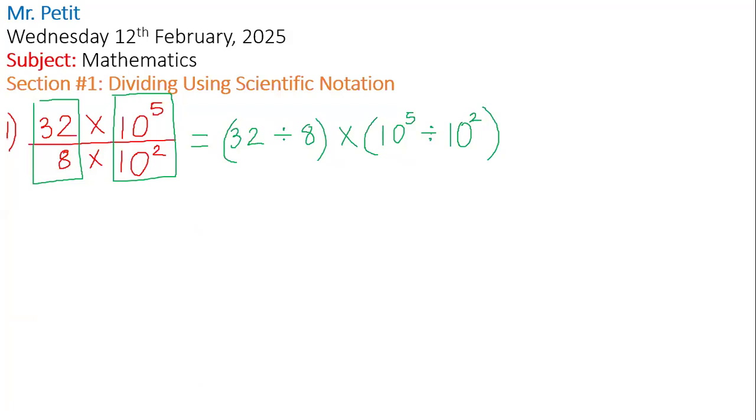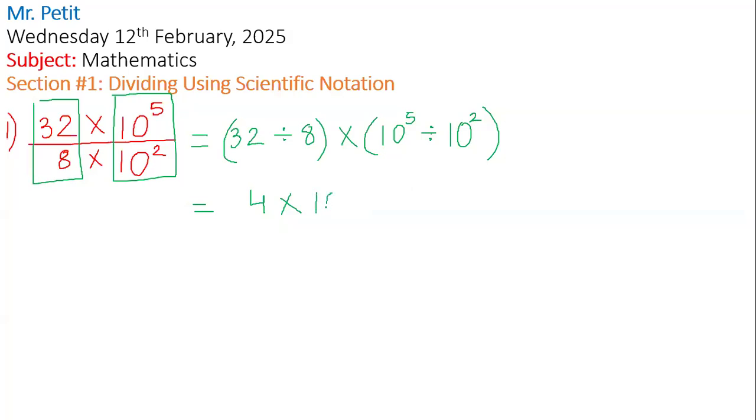What is 32 divided by 8? 4. Very good. Multiplied by 10 to the 5th divided by 10 squared is going to be what?